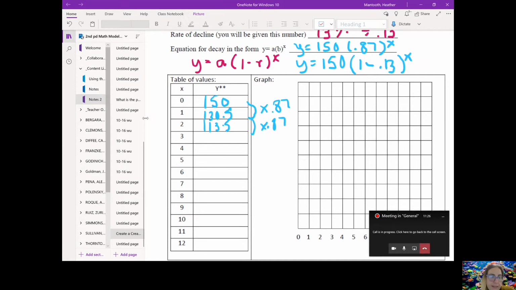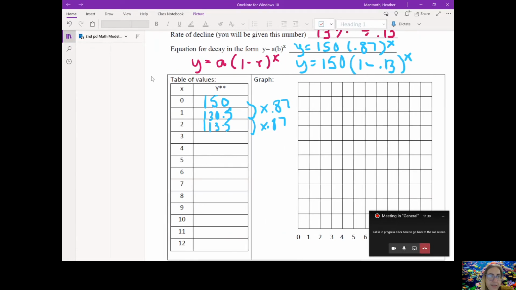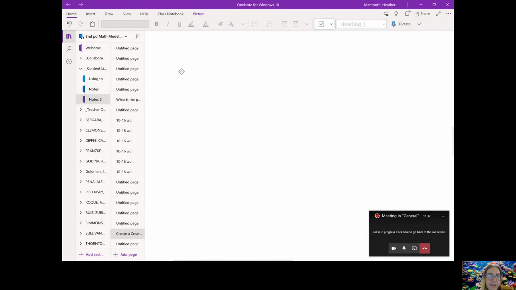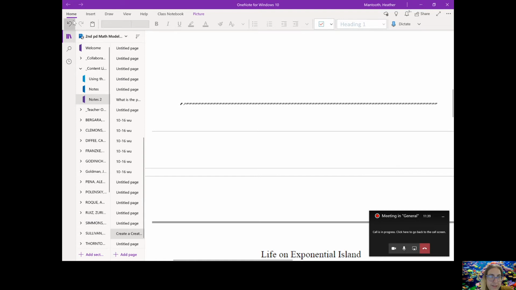Well, last time I did this, I did it in the web app and not on the actual Teams application. So let's see if I can figure out how to save this as a PDF. Let me see what this button does. I think that's just my clipboard.